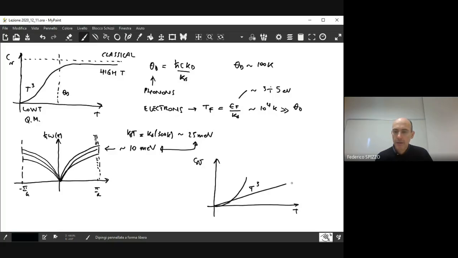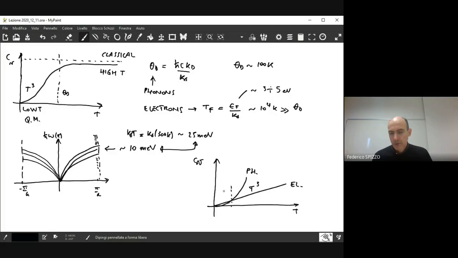We have a linear contribution due to the electrons. So we may expect that at some temperature there will be a crossing between the electronic dependence and the phonon one. So what I would like to do now is just to give an estimate of this crossing temperature.